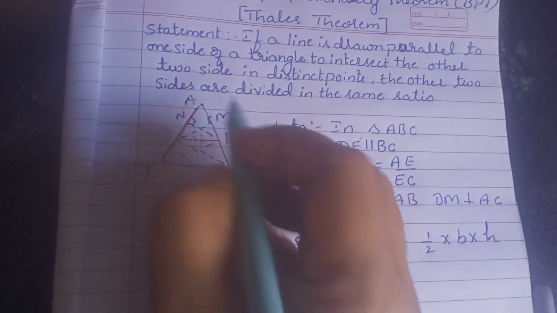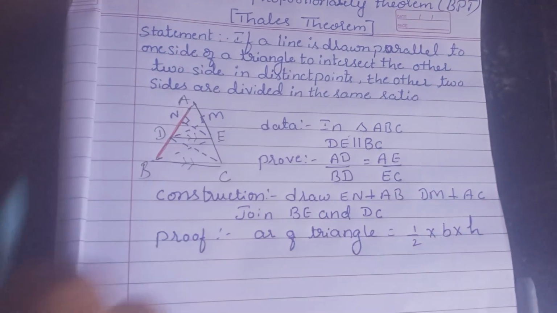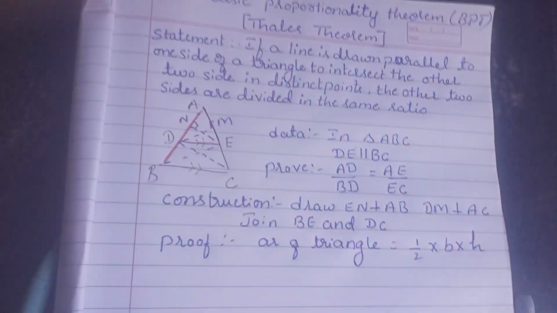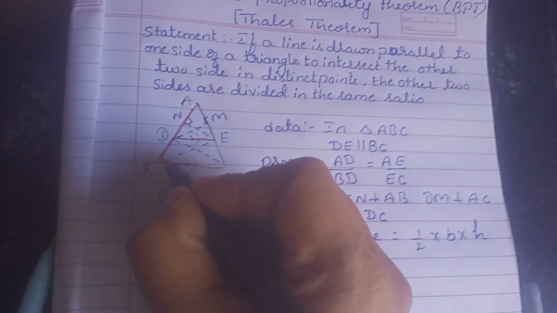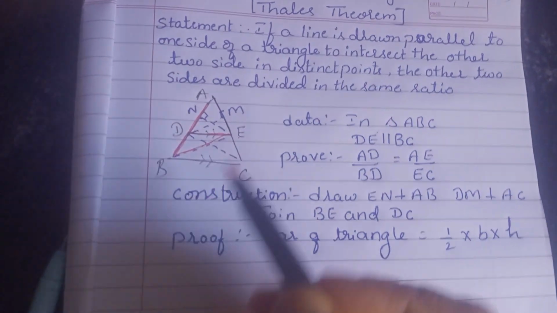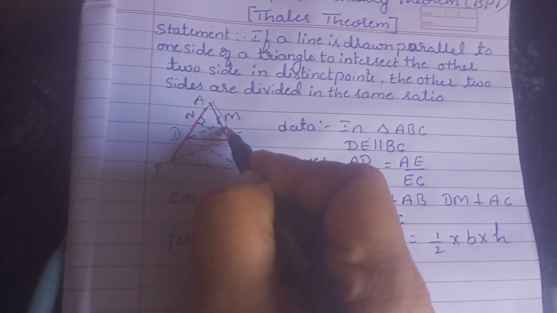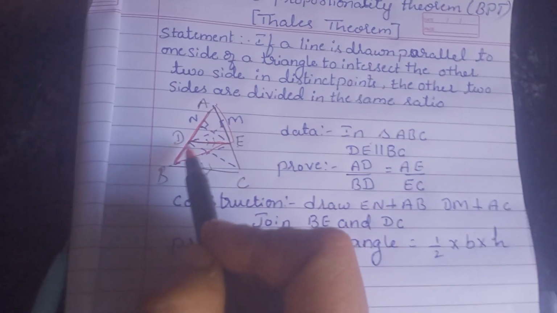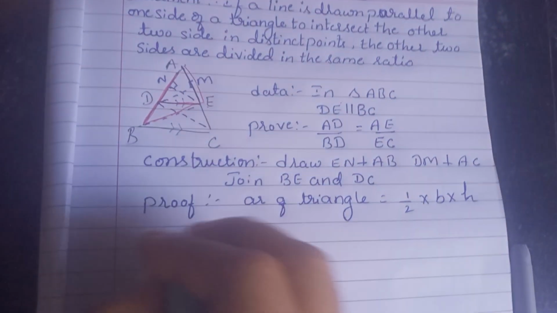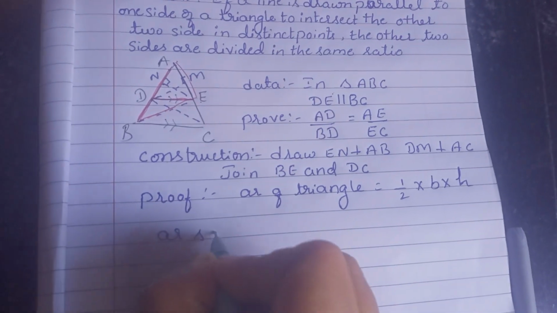Which are the two triangles? One is ADE and another one is BDE.